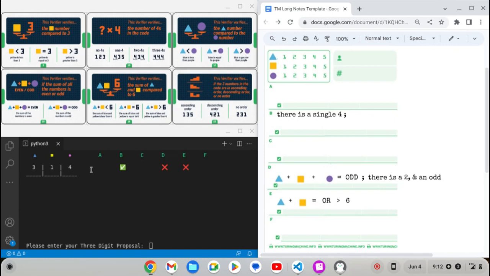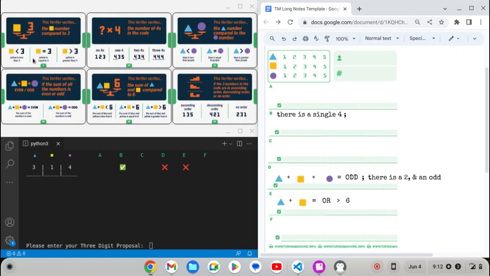Now we are done with our 3 tests, so we're going to move on to the constructing of the new proposal phase, and we're going to talk through alternatives and possibilities. So now that I know there's a 4 and a 2, I do have this sum, which potentially could be a 6. So I'm looking at triangle and square adding up to 6.